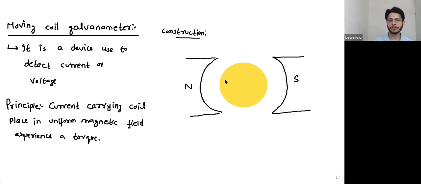On this soft iron core, turns of wire are wound over the coil. The turns are wound lengthwise. Like if I take this pen, I'm not taking turns in this way, I'm rather taking turns in this way, lengthwise.